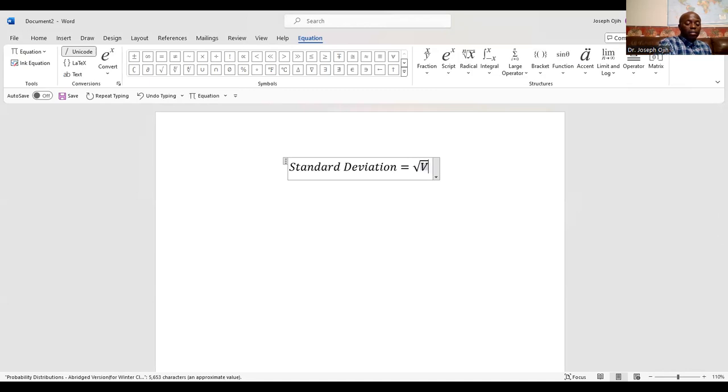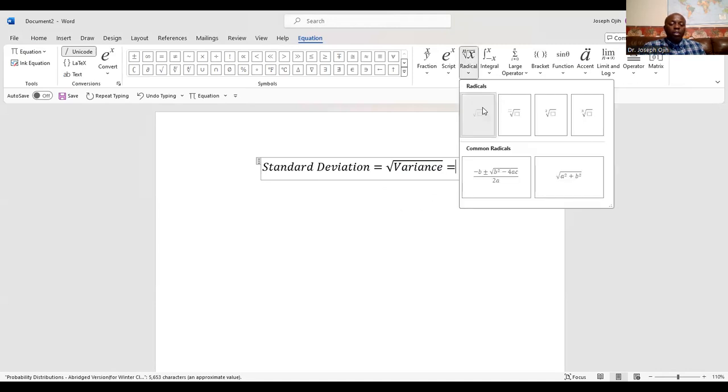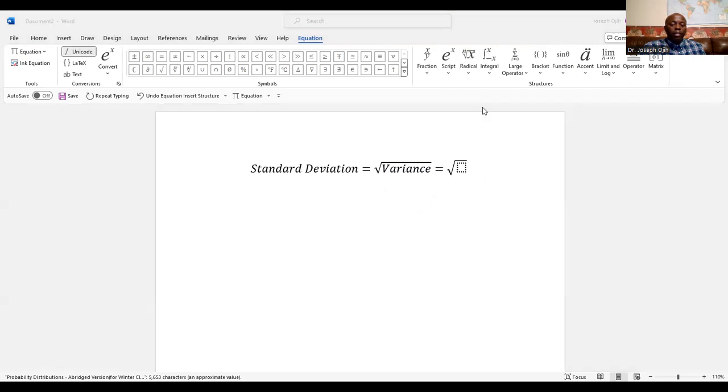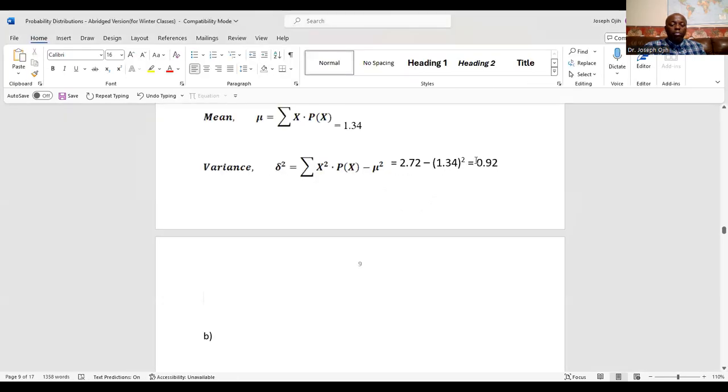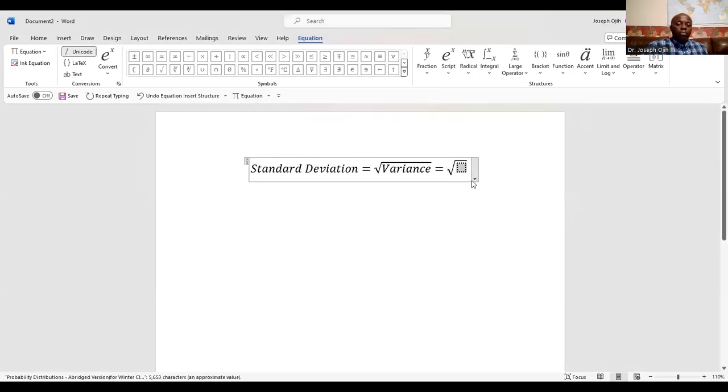This is our variance, the answer we got for the variance. I'm going to show you again: our variance is 0.92, so we're going to put it right there, 0.92.